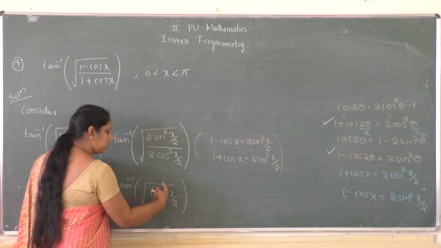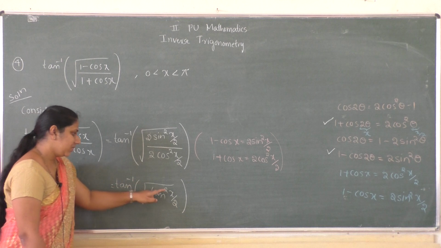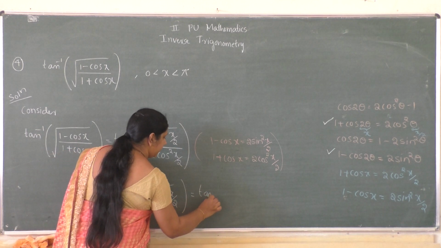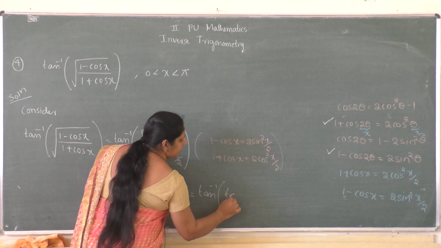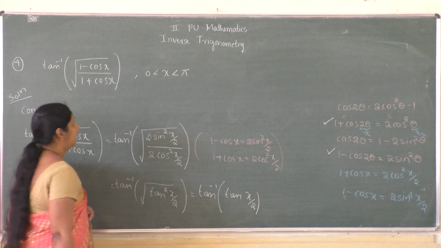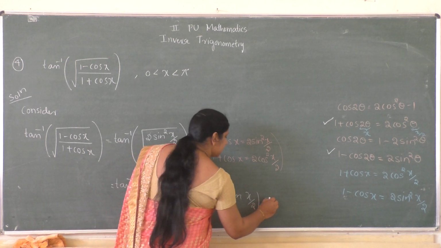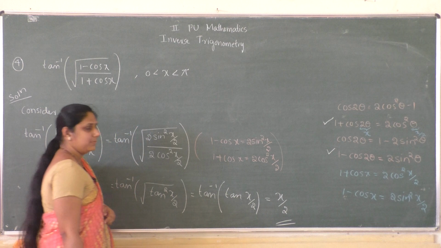Now tan square x by 2 is the same as tan x by 2 whole square. So this square and square root get cancelled. So the remaining term is tan inverse of tan x by 2, which is the same as x by 2.